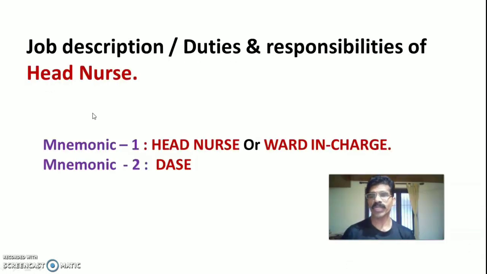Now let us discuss the job description or various duties and responsibilities of the head nurse or ward in charge. I have made two mnemonics. One is HEAD NURSE or WARD IN CHARGE. My first mnemonic regarding the duties and responsibilities of a head nurse is HEAD NURSE, in capital letters, or ward in charge. Then the second mnemonic is DASE, D-A-S-E.